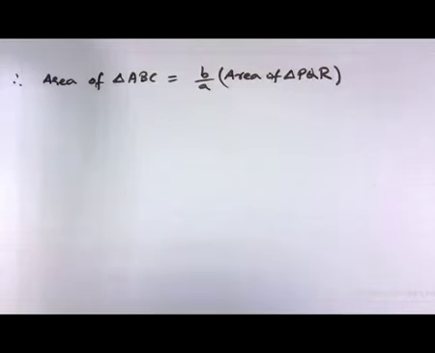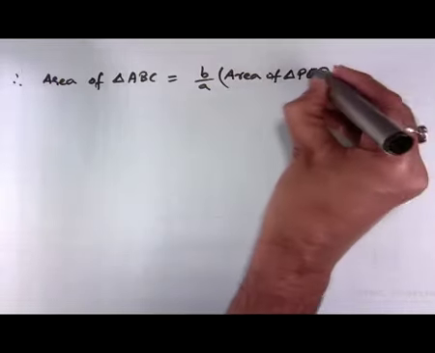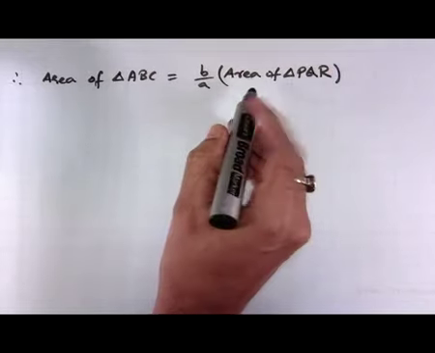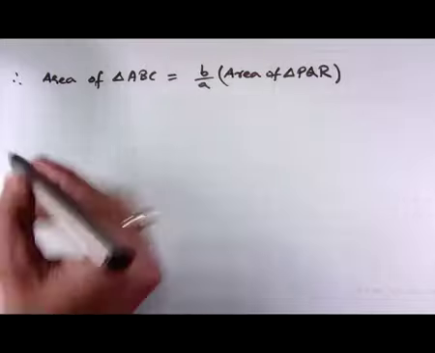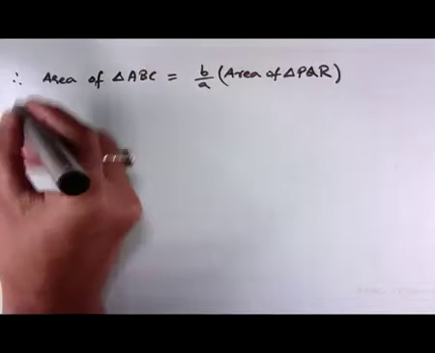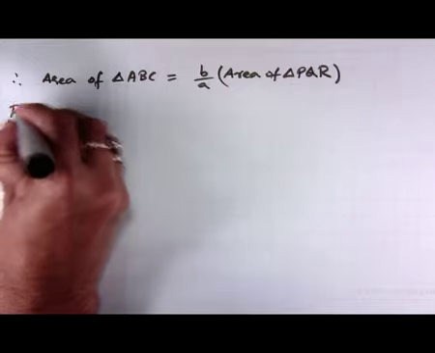Now, this PQR is a triangle inscribed in a circle of radius A. So, we know when this has maximum area. So, again recall this fact.